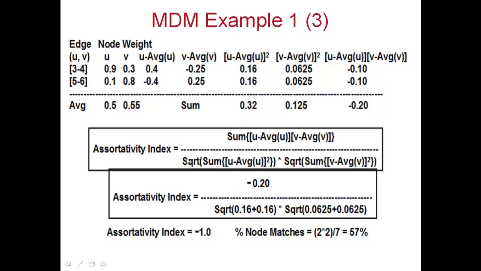So the assortative index is the sum of the product of the differences in the numerator, and square root of the sum of the squares of the differences in the denominator. Take the product of those two, and you get -1 as the assortative index, and that's the best we can do for dissimilarity among the edges.